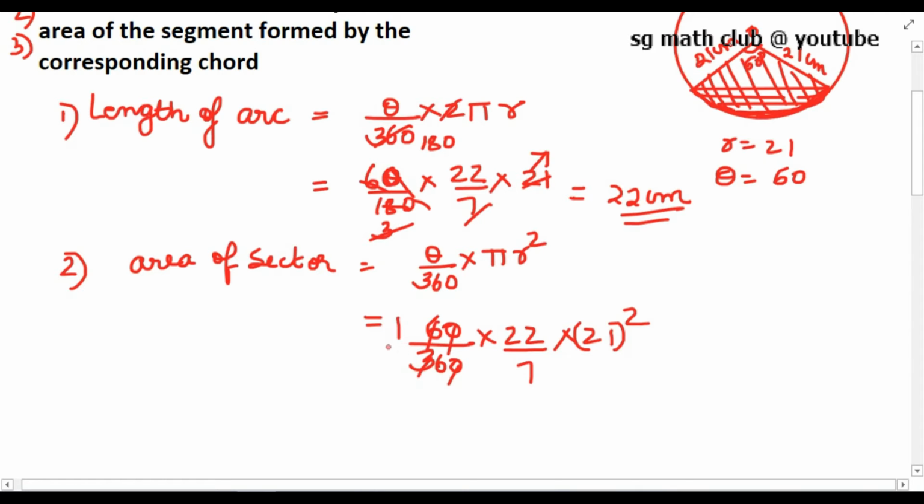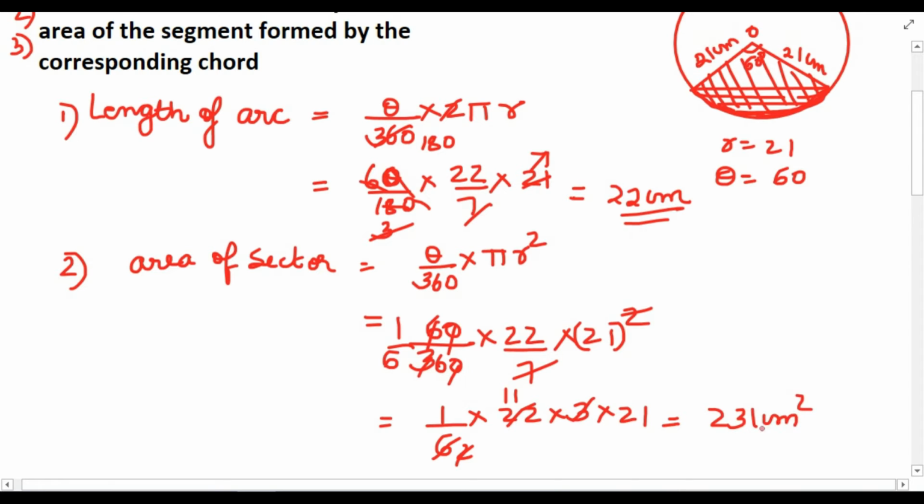When you cancel, you have 1 by 6, into 22 into 21 into 21. Cancelling again, 11 into 21 is 231 centimeter square.